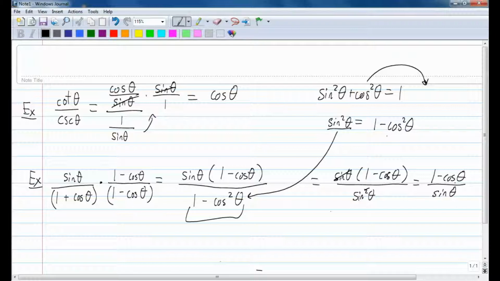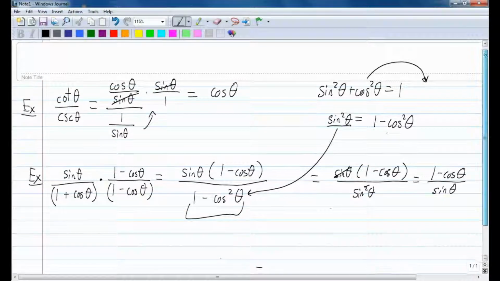It's not like it's simplified to just one trig function, but it was a way to rewrite the original expression, which was sine of theta over 1 plus cosine of theta. By multiplying by the conjugate of 1 plus cosine theta, I changed it into 1 minus cosine theta over sine theta. So that means those two expressions are equal. It's just a way of rewriting something, a common algebraic technique that we use to help us solve trig identities.